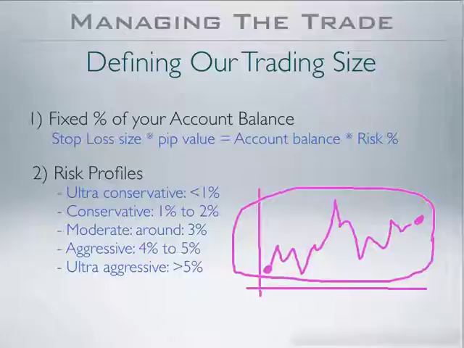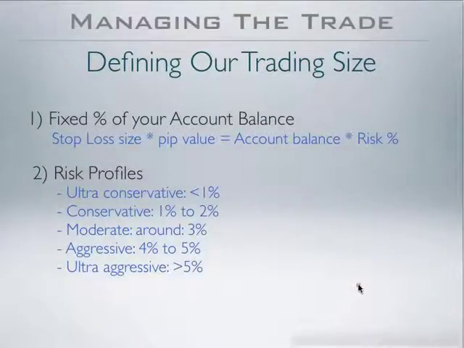So since on one hand being ultra aggressive is just not recommendable, and on the other hand your account balance is probably not large enough to be an ultra aggressive trader, these are the three options left: conservative, moderate, and aggressive, risking between 1% and 5% of your account balance on each particular trade, depending on your risk profile.